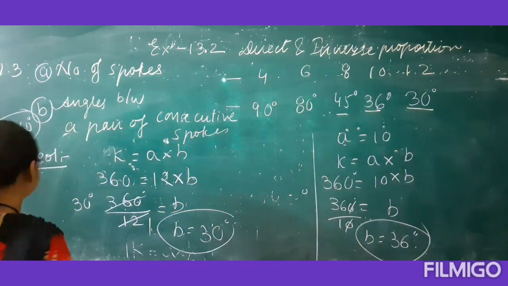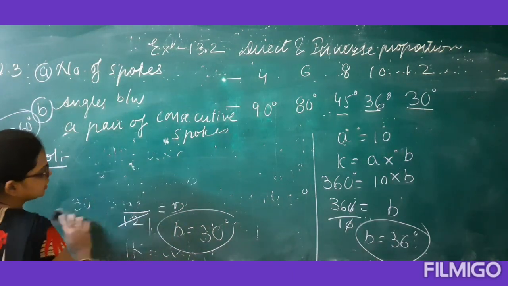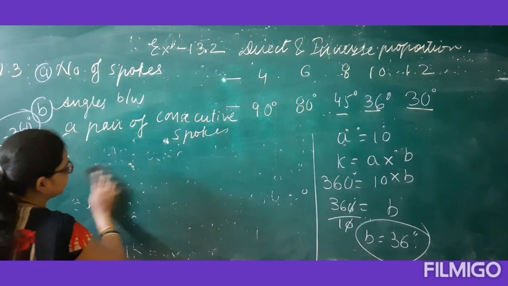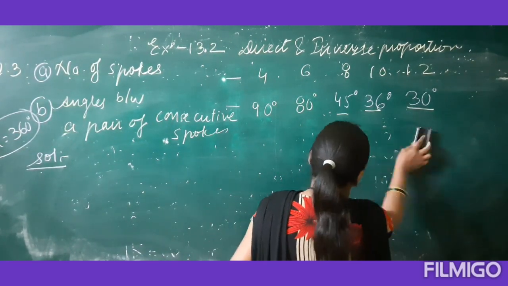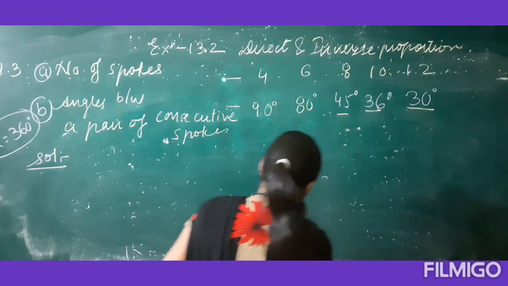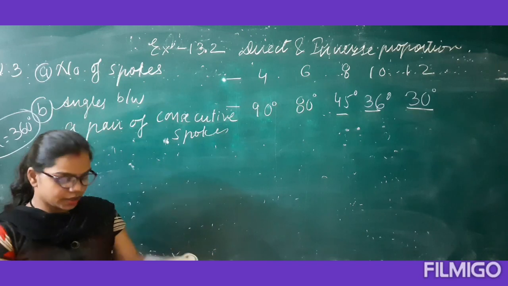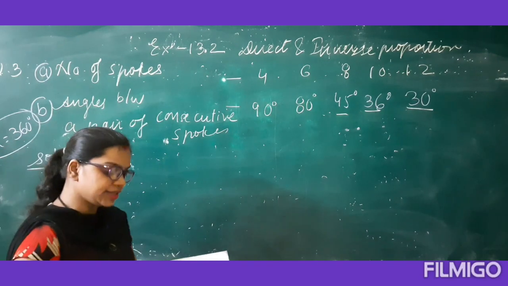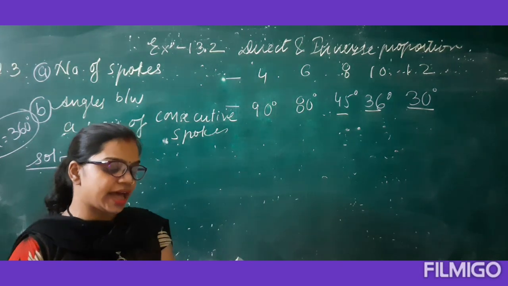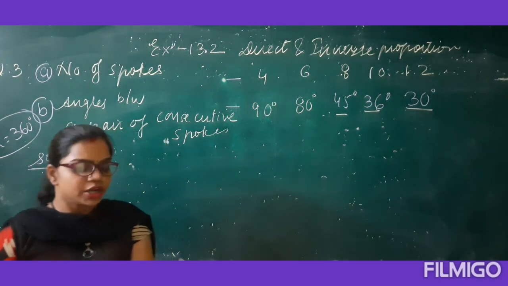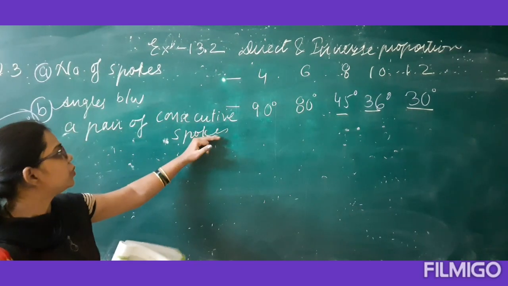Okay. Now in the first question, see in your book what it is saying. Just go through your first question. It is saying: are the number of spokes and the angle formed between a pair of consecutive spokes in inverse proportion?